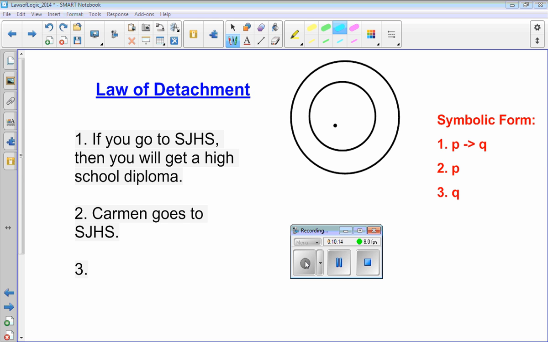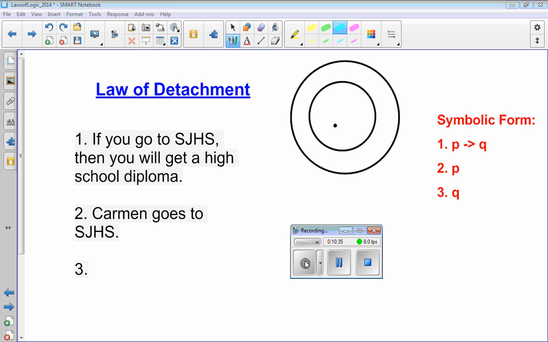So all three of these laws of logic have three statements. The first two statements are kind of like the given information. The third statement is always a conclusion. What conclusion can we draw from the two previous statements? I'm going to say that one more time.